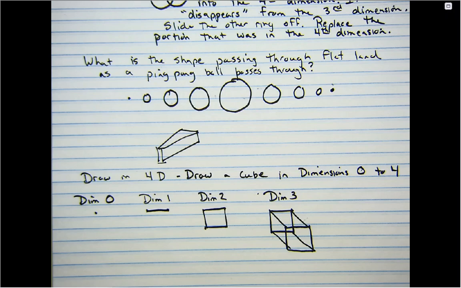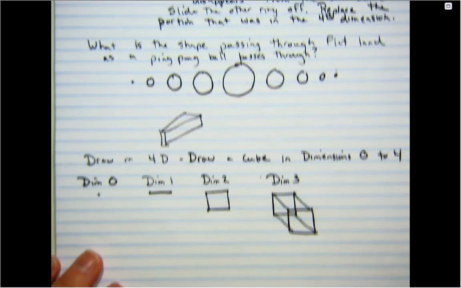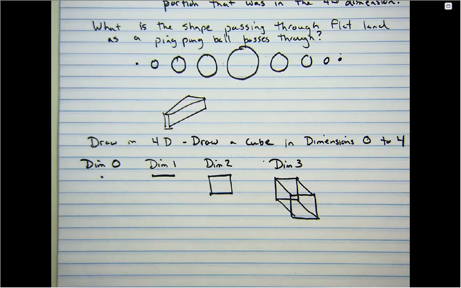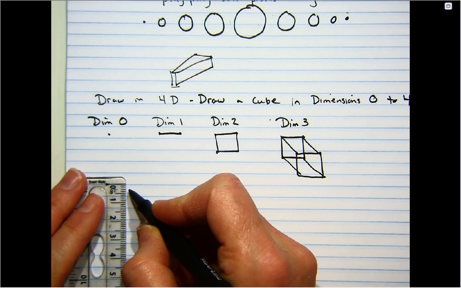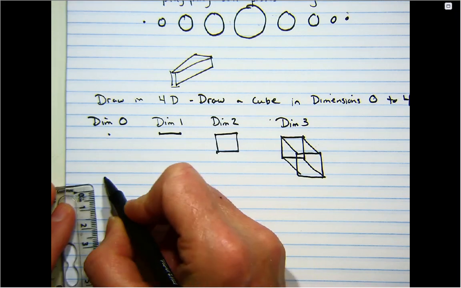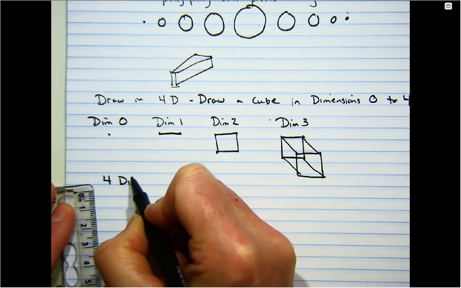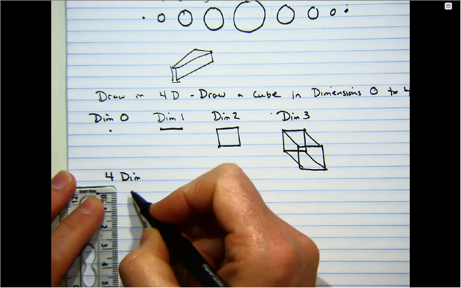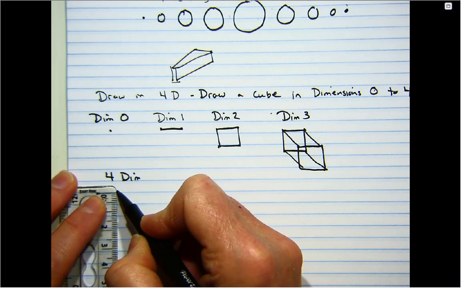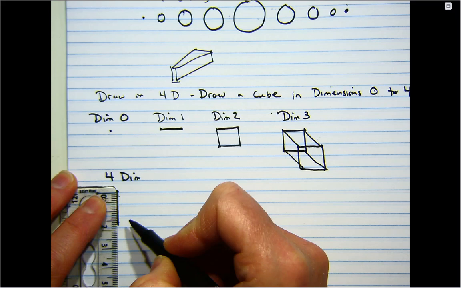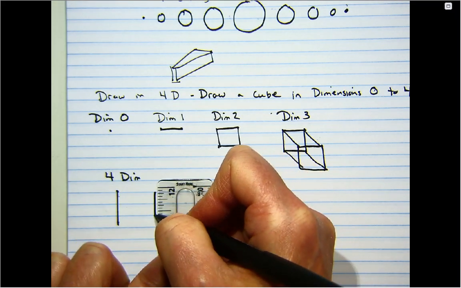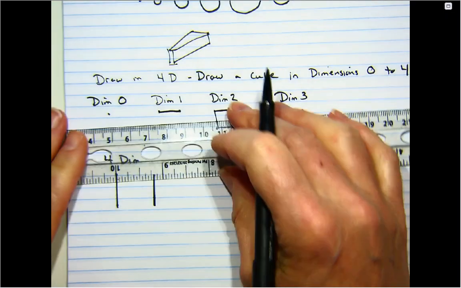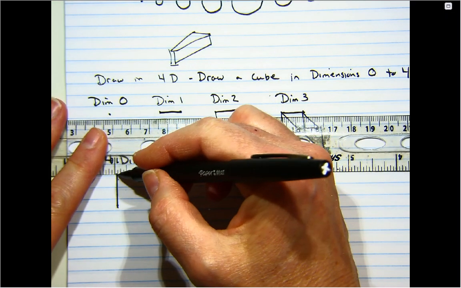So draw the 2 cubes offset from each other like you saw in the video. So draw your cubes by making 2 offset squares.